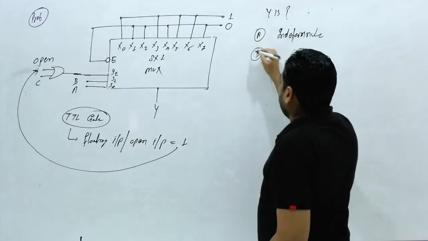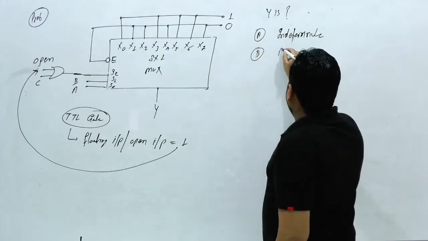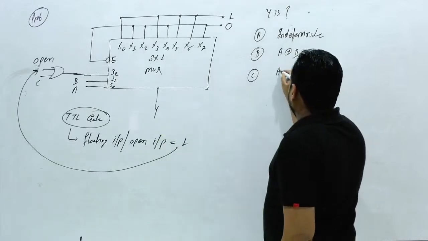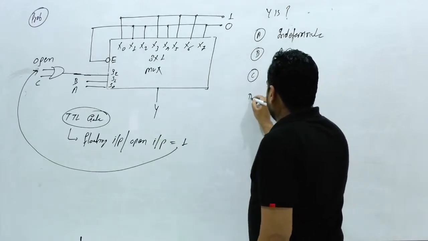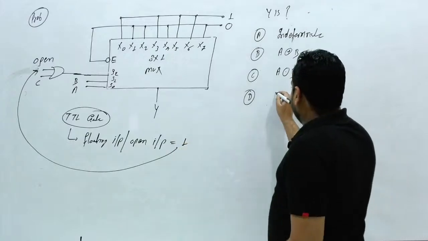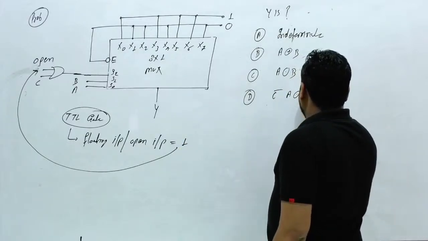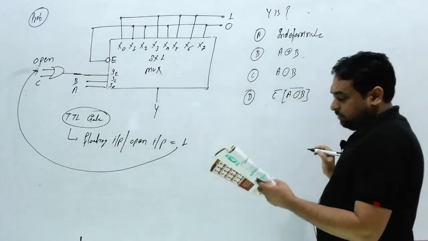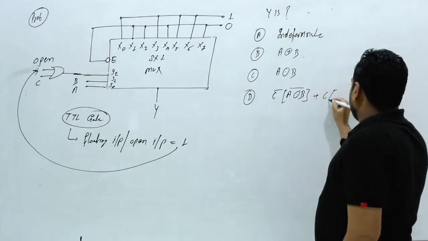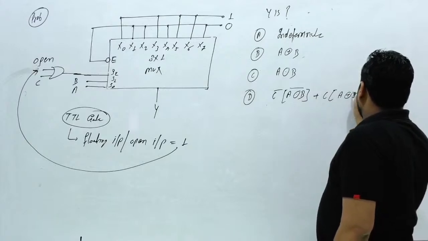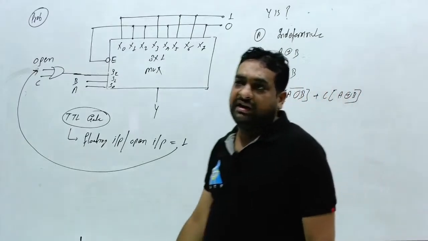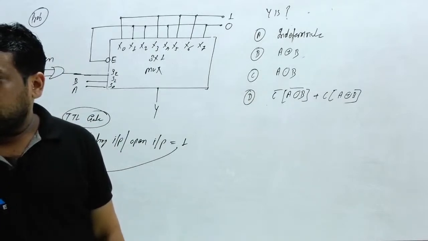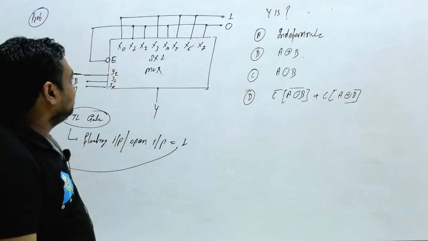The second option they have provided is A XOR B. The third option is A XOR B, and the last option D is C bar (A XOR B) whole bar plus C (A XOR B). This kind of 4 options they have provided us.